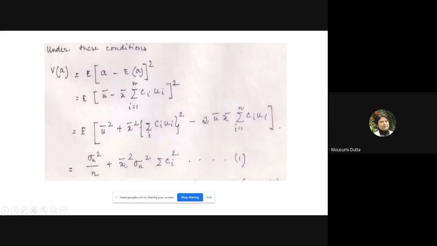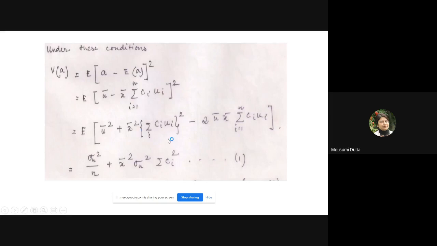Then x bar square, actually here there are ui square terms and ui uj terms. So complete all these things at home. This will be summation Ci square ui square plus double summation i running from 1 to n, j running from 1 to n, i not equal to j, Ci Cj ui uj.